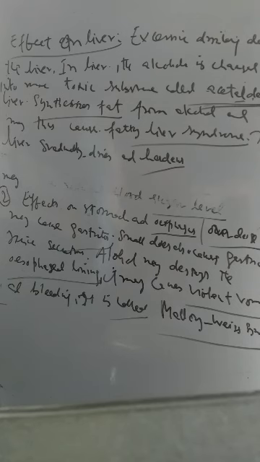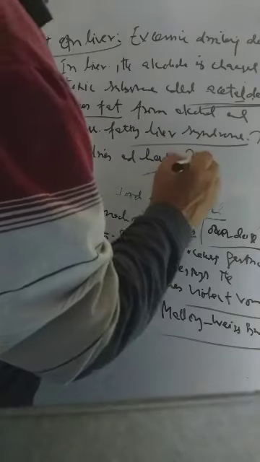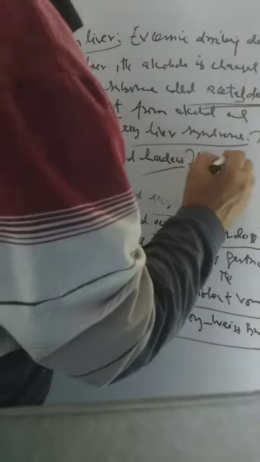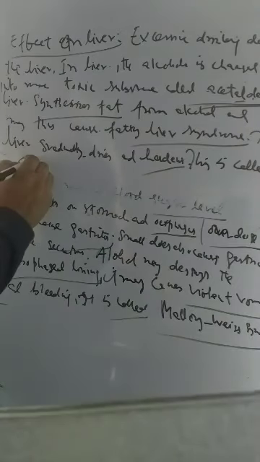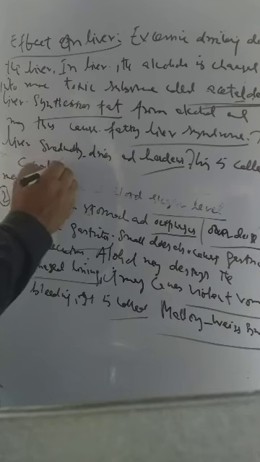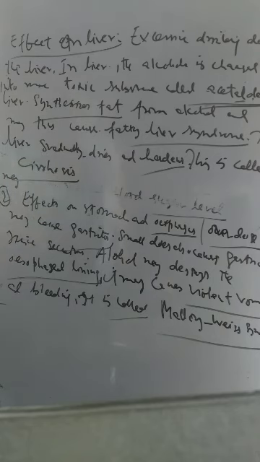So we wrote here that when the liver gradually hardens and dries up, this is called cirrhosis. These are the ill effects of alcoholism.